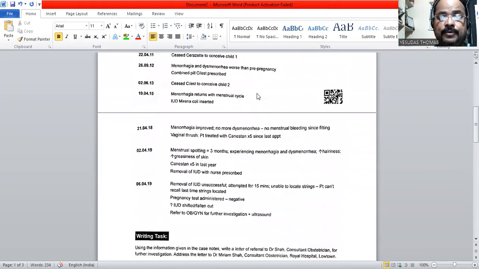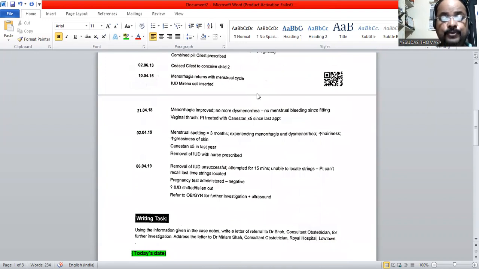What we have to do here is, using the information in the case note, write a letter of referral to Dr. Miriam Shaw, consultant obstetrician, Royal Hospital, Luton.